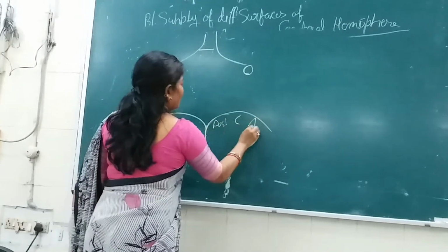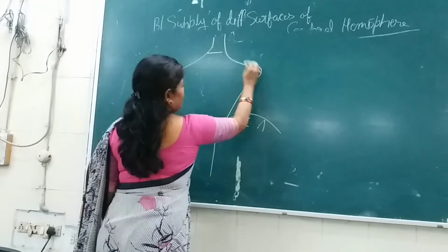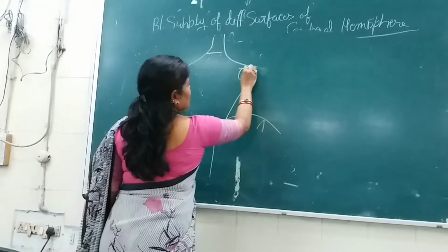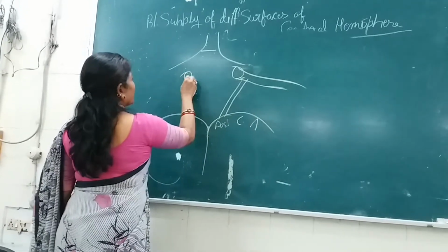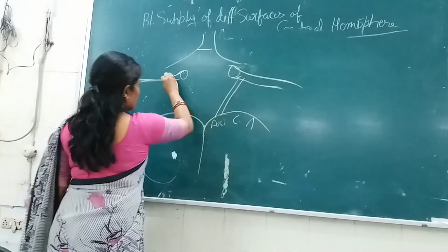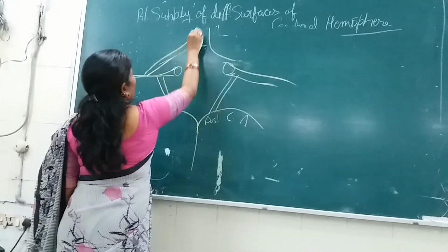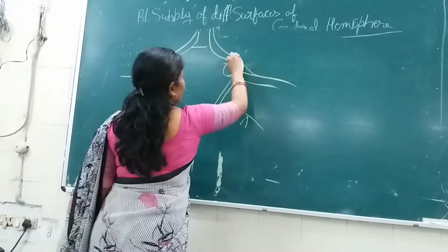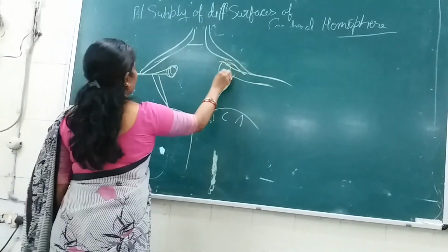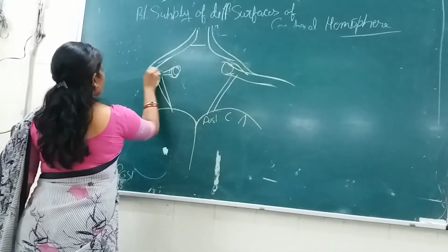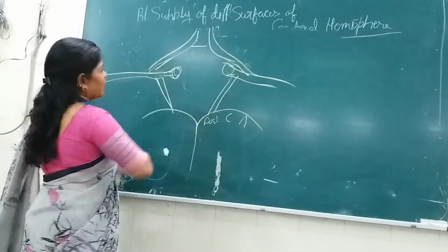Posterior cerebral artery. And here, posterior communicating artery. Here it is the posterior communicating artery. Here it is the anterior cerebral artery. It is the internal carotid artery. This is the middle cerebral artery.